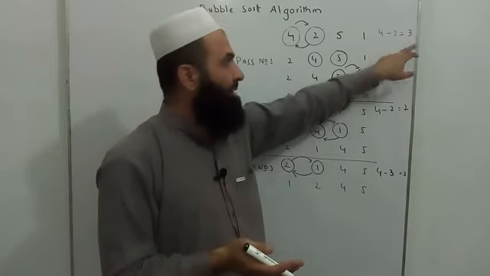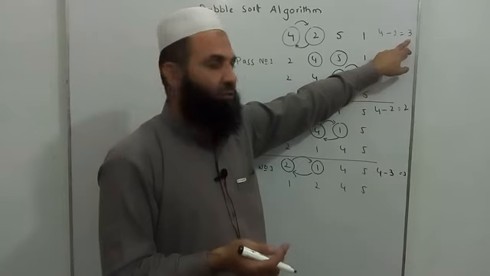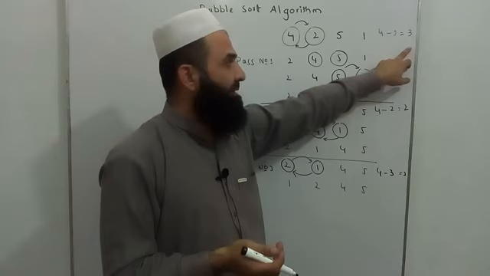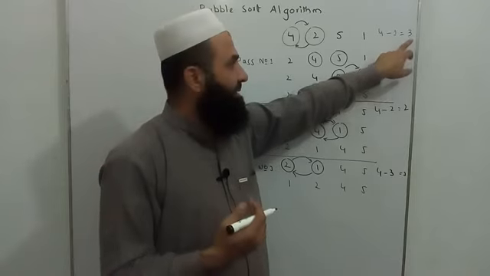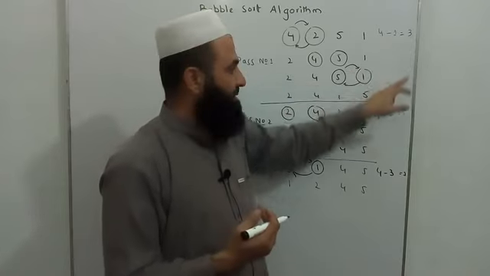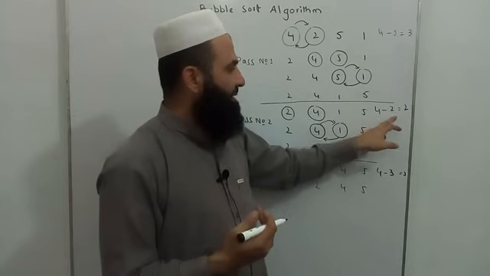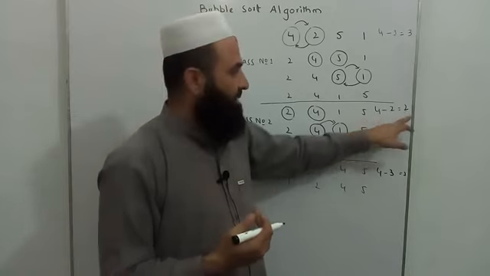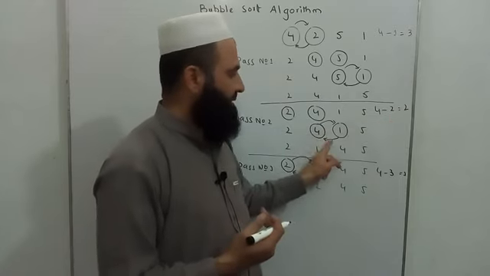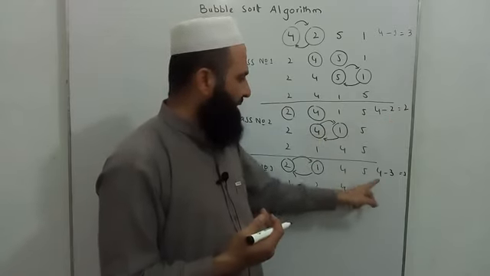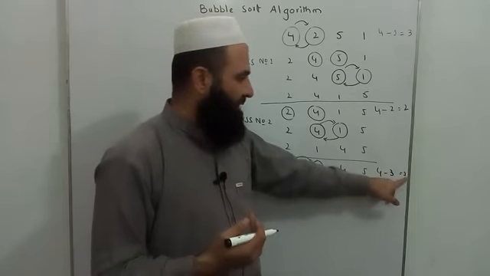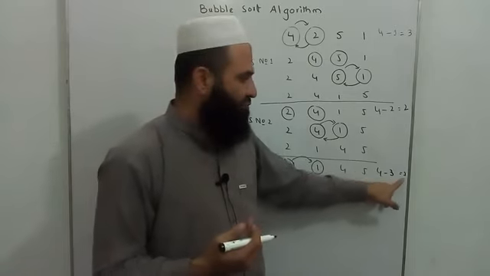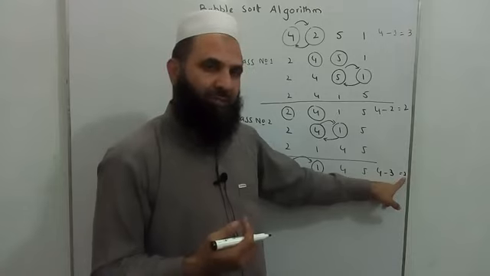In the first pass we did 3 comparisons, so the total number of items minus the pass number gives us the total number of comparisons. Similarly, in the second pass, pass number 2 is subtracted from the total number of items, and we have 2 comparisons. Similarly, in pass number 3 we have 1 comparison, that is 4 minus 3.